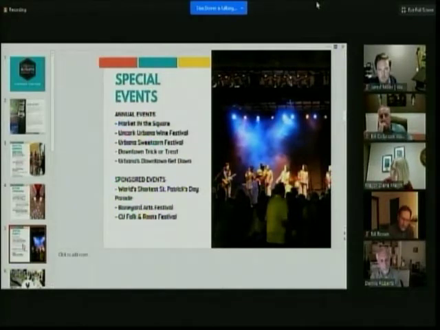We are responsible for the Urbana Sweet Corn Festival. Next month, we'll have our Downtown Trick or Treat Festival. And then we partner with the Cultural Arts Program for the Urbana Get Down Downtown. We also sponsor the Shortest Day Parade. I'm sure most of you have heard of that, the Bone Arts Festival, and the See You Folks and Roots Festival.